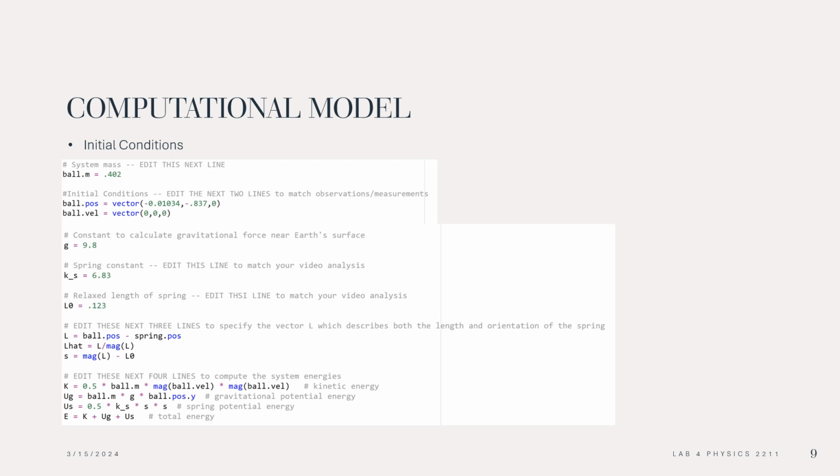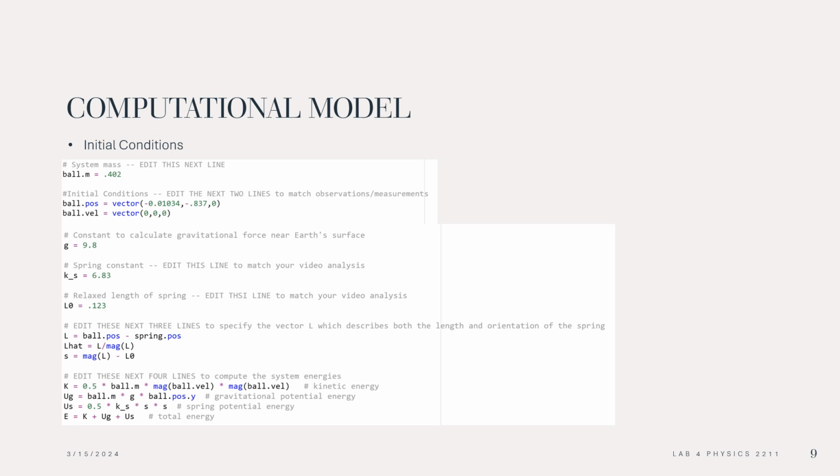And then we know that L is going to be, like I said earlier, the ball position minus the spring position. That's going to be the length of the spring itself, essentially. And then L hat is just how you find a unit vector. And then S is going to be the magnitude of L minus L naught. All right, then going on to the energies below.